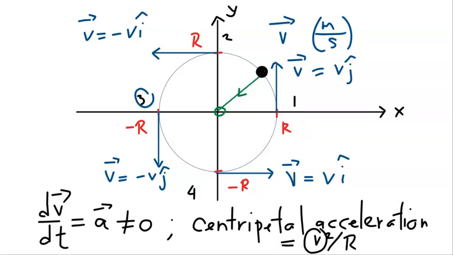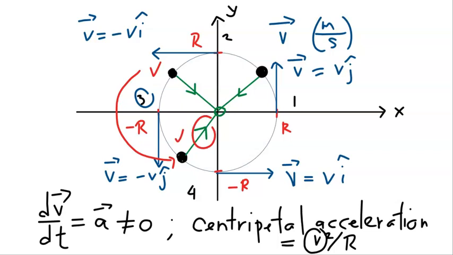So for an object that is here, the direction of the centripetal acceleration will head from the object to the origin. Likewise, after the object has moved to this location, its centripetal acceleration will be in the following direction, given by this arrow, and after the object has moved all the way to this position, the acceleration will be heading in that direction, and so on and so forth.